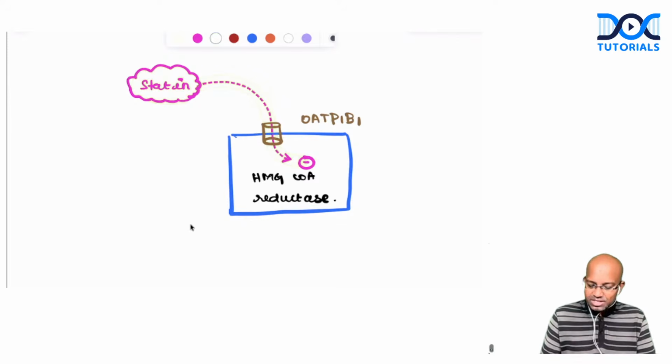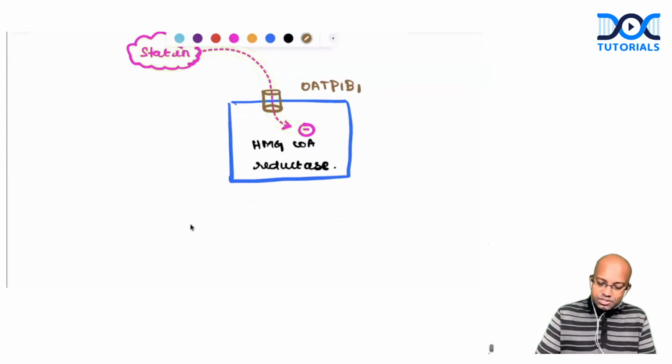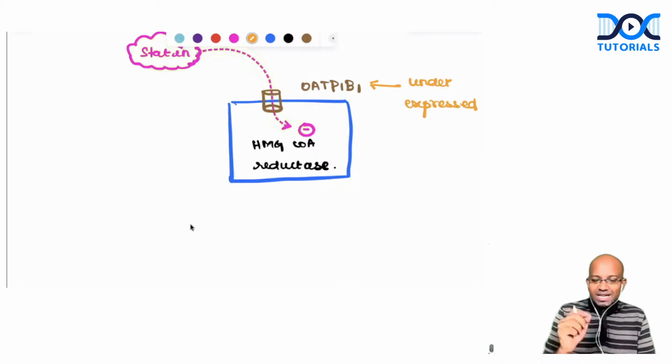Okay. So statins will be gaining entry into the hepatocytes through this OATP1B1 transporter. But we have some patients where this OATP1B1 gene is underexpressed, which means a lesser number of transporters in some patients.